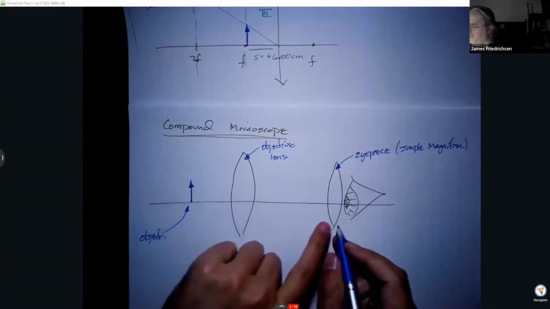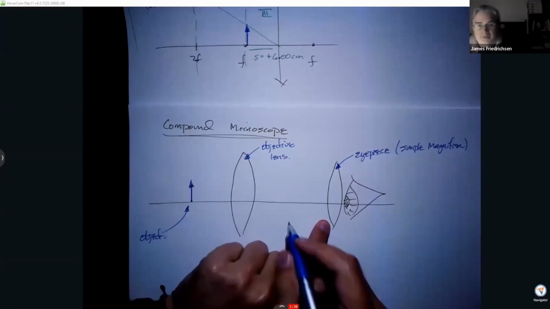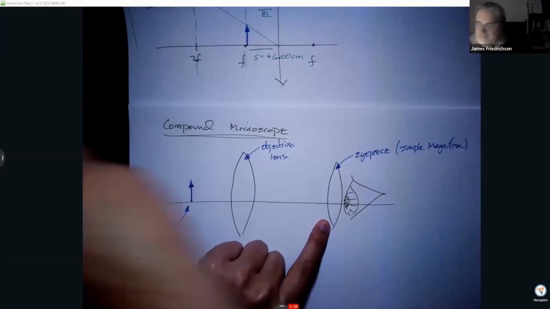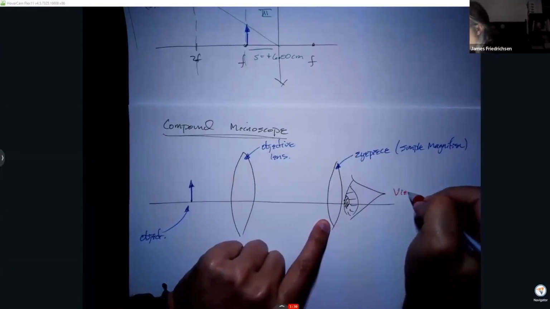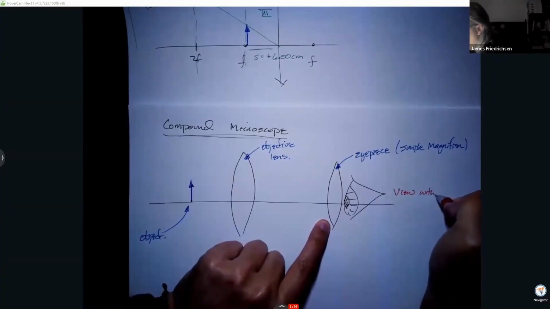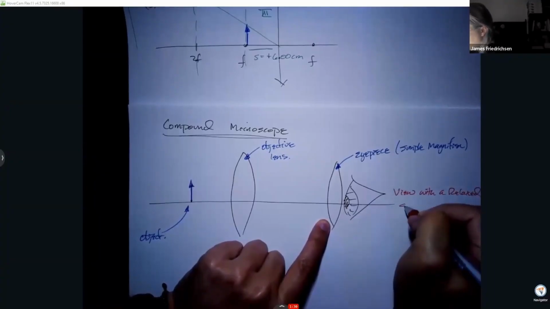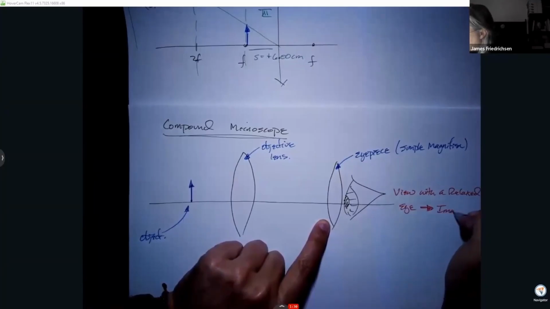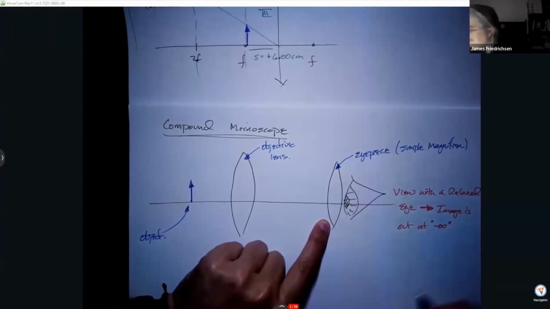And if we want to view the final image with a relaxed eye, then that implies that the image can be out at infinity.